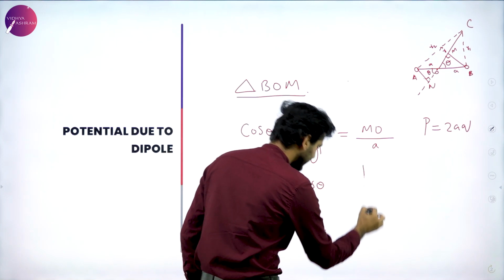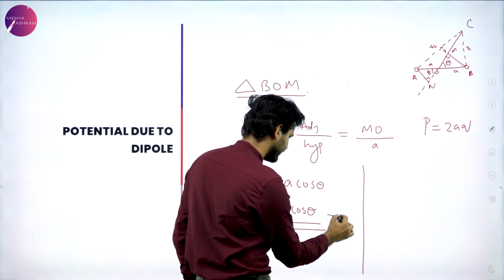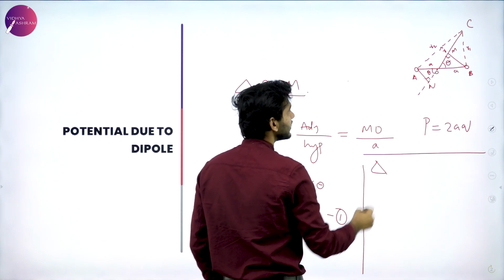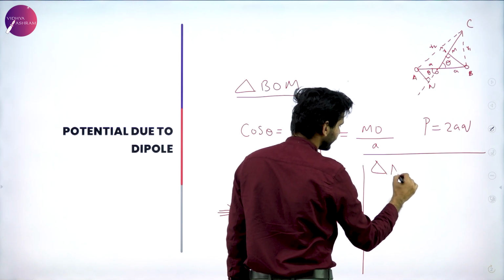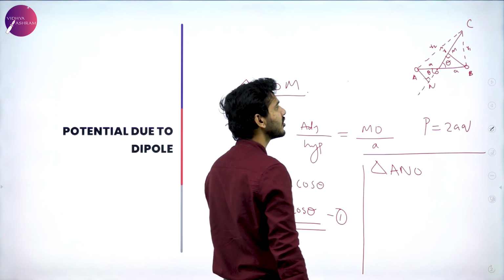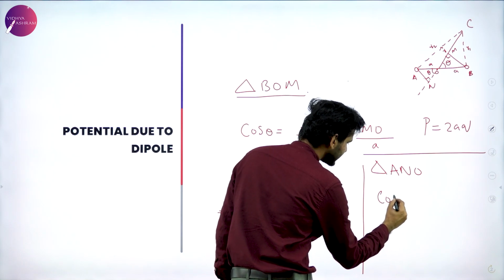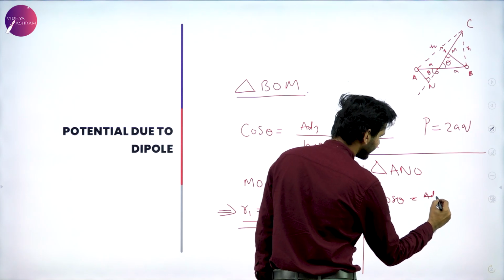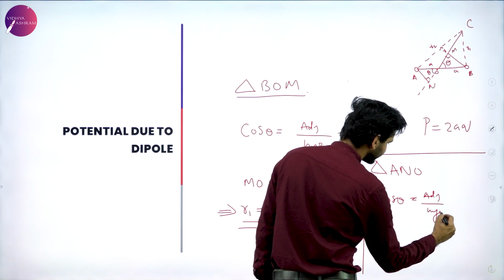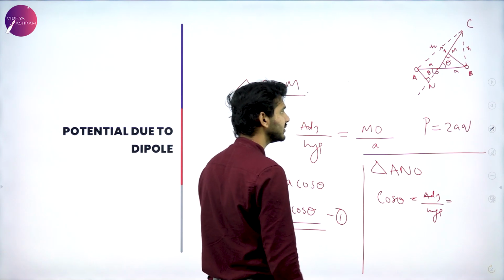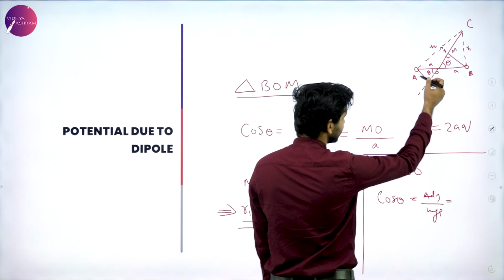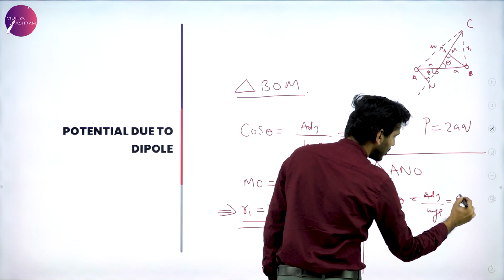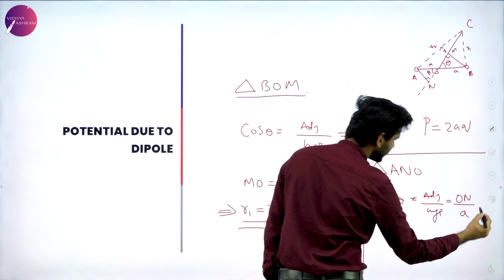Then from triangle ANO, we can write that cos theta will be equal to adjacent side by hypotenuse, which will be equal to the adjacent side, which is nothing but NO or ON, divided by the hypotenuse, which is A.